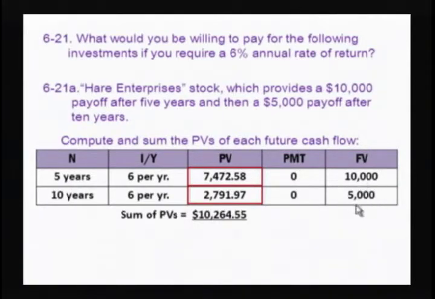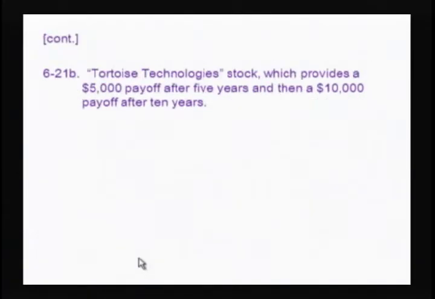The $5,000 payment to be received 10 years from now, discounted at 6% per year by itself, is worth $2,791.97. The entire investment together is worth $10,264.55.